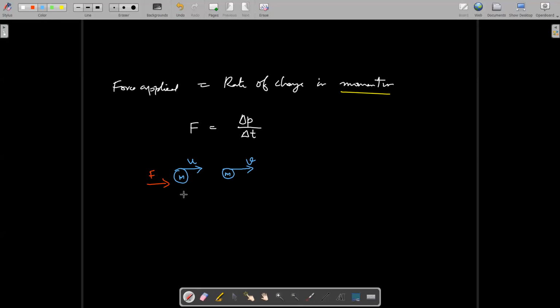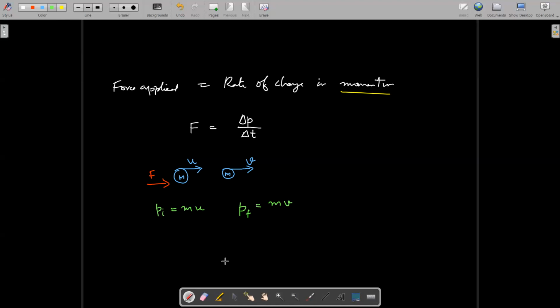Okay, so if we are to consider the momentum here, initial momentum, final momentum ഒക്കെ എന്താണെന്ന് നോക്കാം. First case ആകുന്ന സമയത്ത് the initial momentum p is m into u, and in this case we have p final equal to m into v, right?